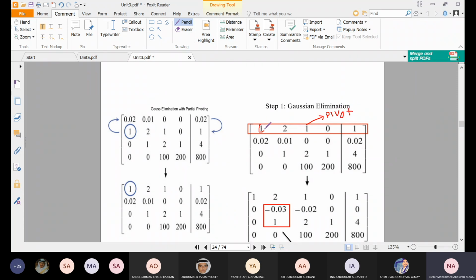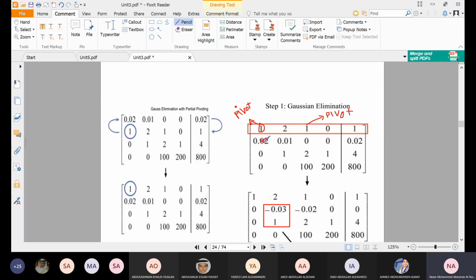And this becomes the pivot element now. After that, what we do now is Gaussian elimination, that we did before. In naive Gaussian elimination, we just cancel this to make this 0. I want to convert this coefficient now to 0 by using the pivot row.